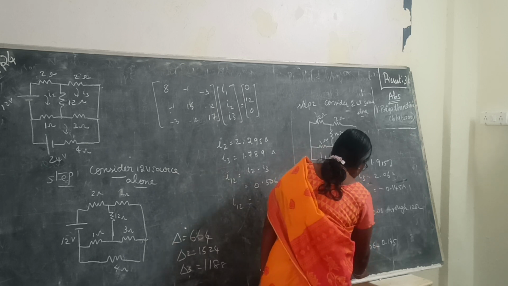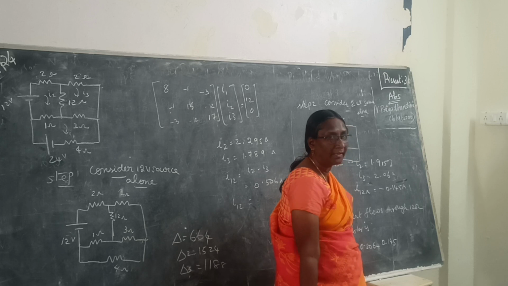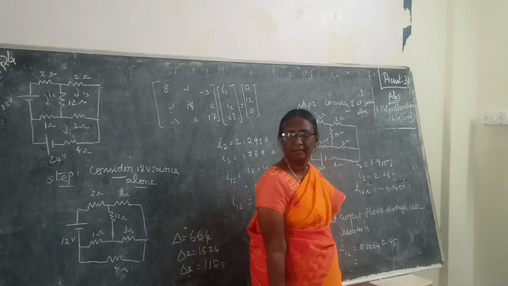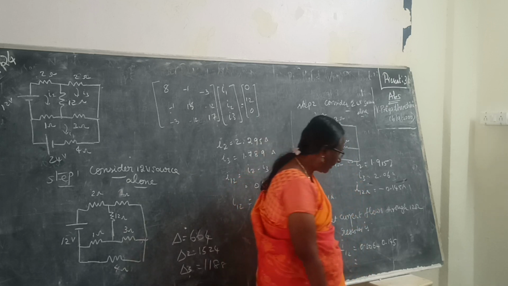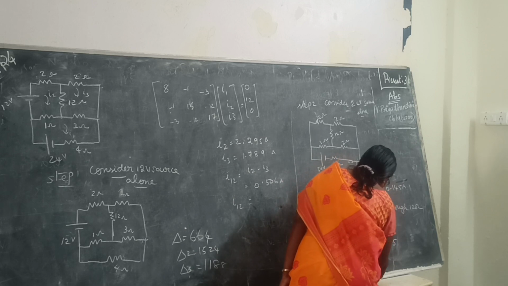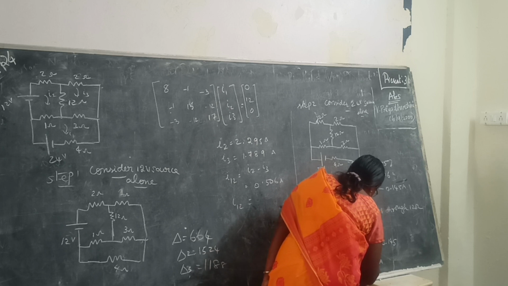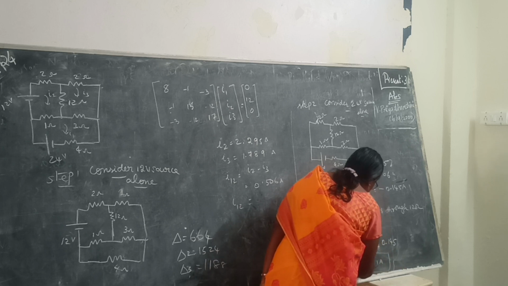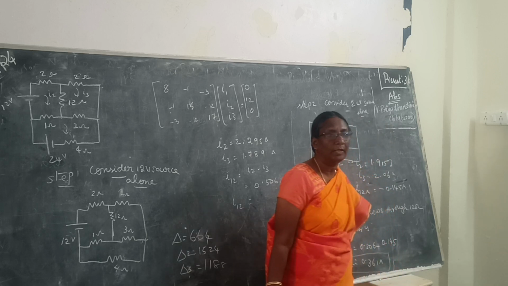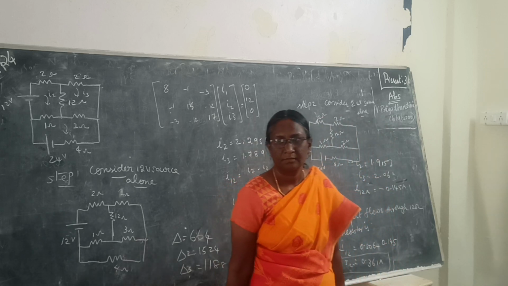Then what is the value? 0.506 minus 0.145? 0.361. Answer. This is the current flowing through 12 ohm resistor. The net current flowing through 12 ohm resistor. Okay.